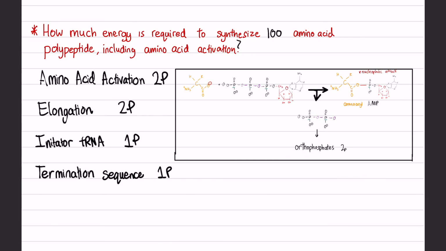So altogether, we have all the information we need. We have 100 amino acids, and with 2 phosphate bonds for every amino acid, that's 200.